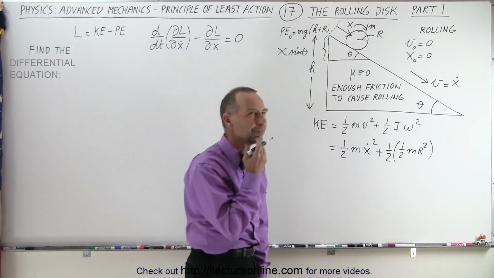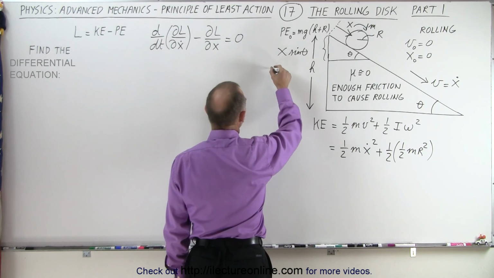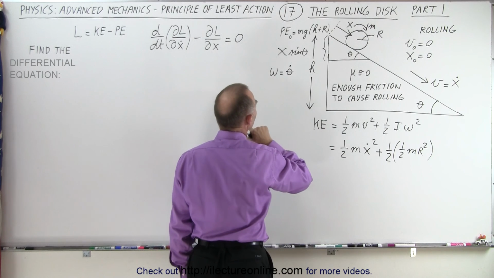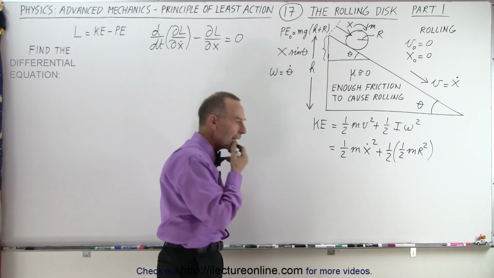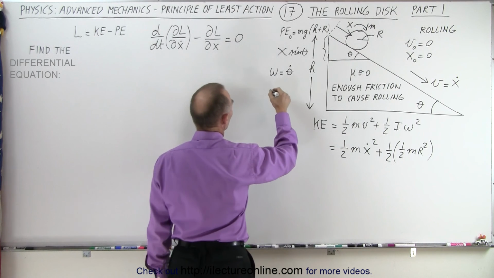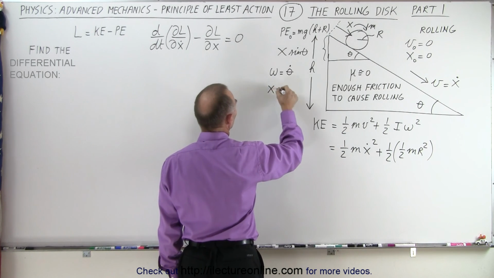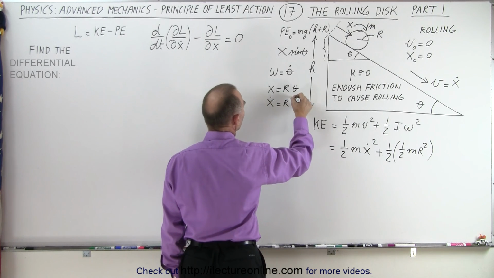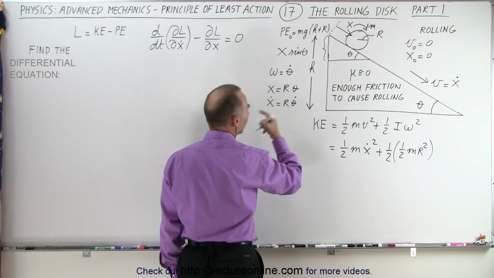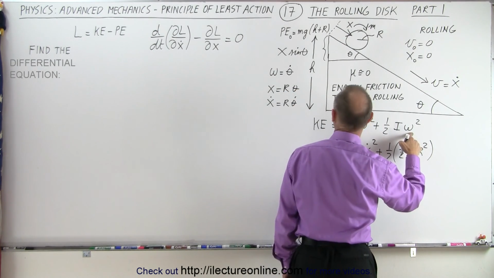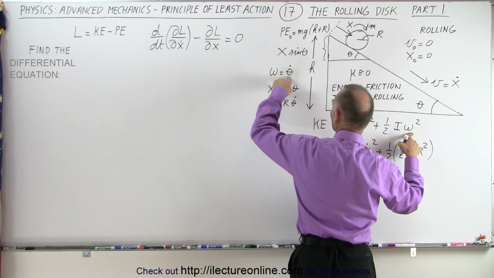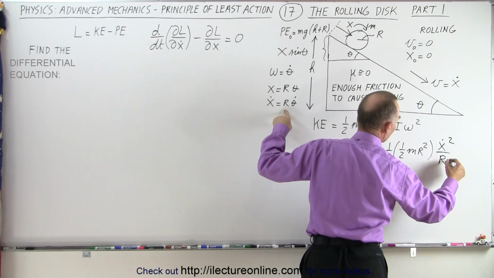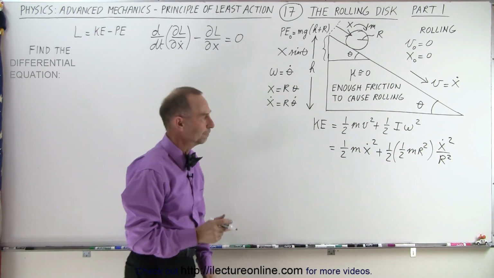Now what about omega? Well, omega can be written as theta dot, because omega is d theta dt. And of course, there's a relationship. We could say that x is equal to r times theta, so x dot is equal to r times theta dot, or theta dot can be written as x dot divided by r. So omega squared is going to be x dot squared divided by r squared.